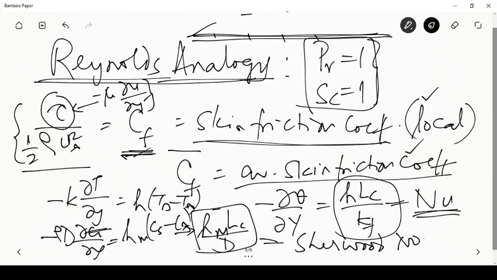Therefore, your Cf, or rather Cf by 2, this half going up here because there is no half in these cases, Cf by 2 would actually be equal to the Nusselt number, would actually be equal to the Sherwood number.